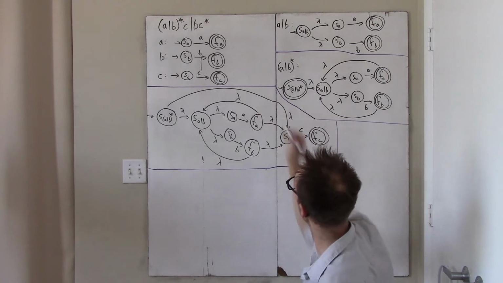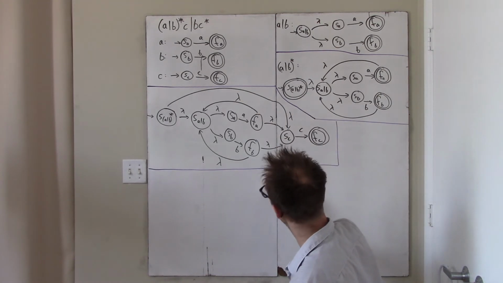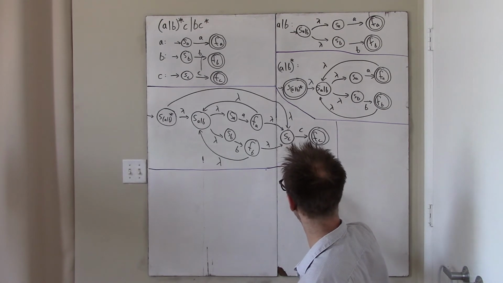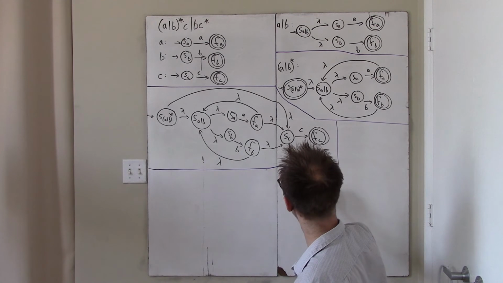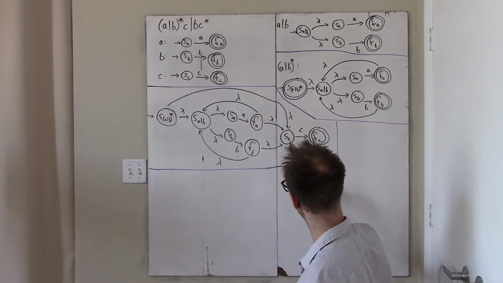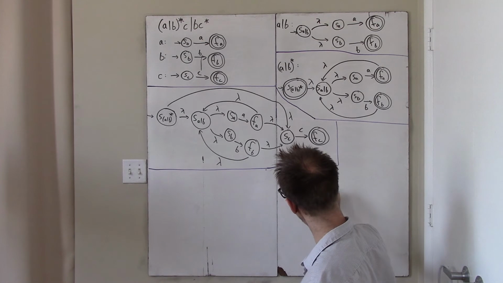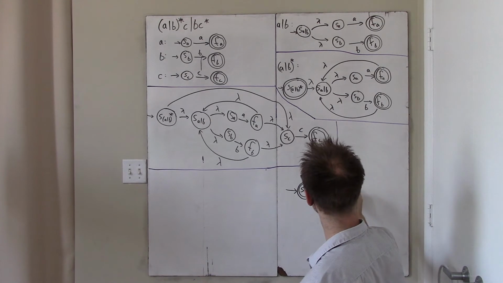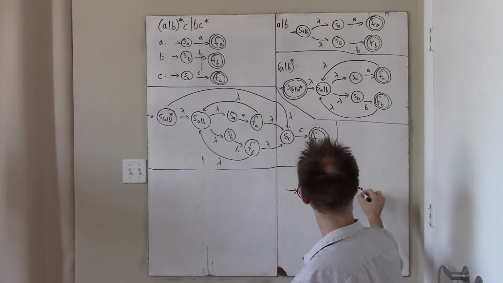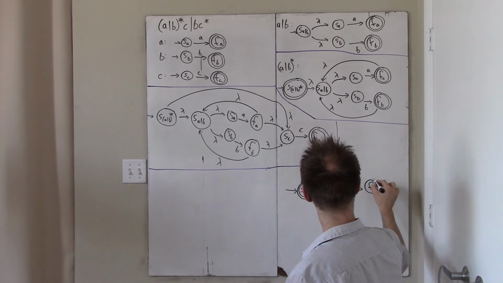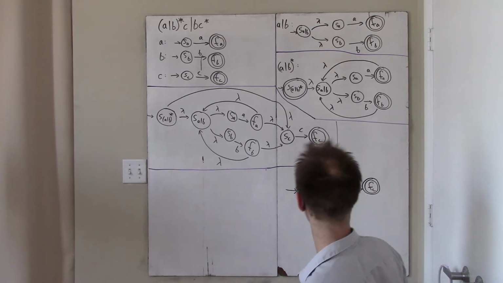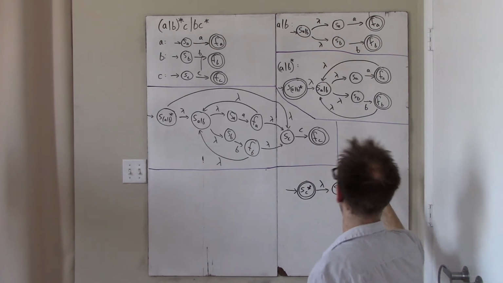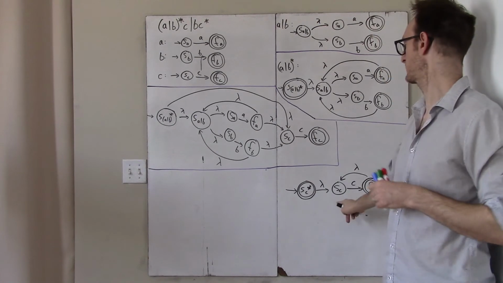So what does the C star machine look like? It's going to take the C machine, but first create a new start state, S C star, which should be an accept state, and then a lambda from that start state to what was the start state of the C machine, and keeping the same accept state, just adding a lambda transition from that accept state to what was the start state.